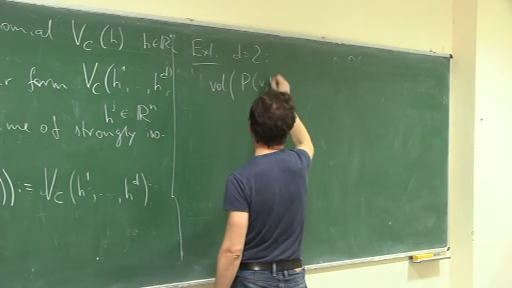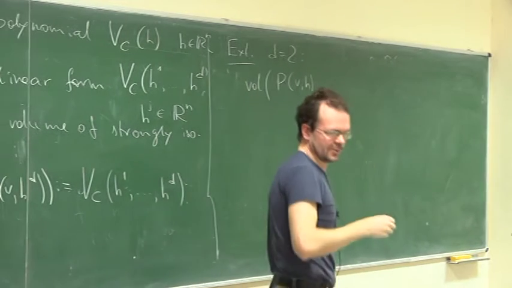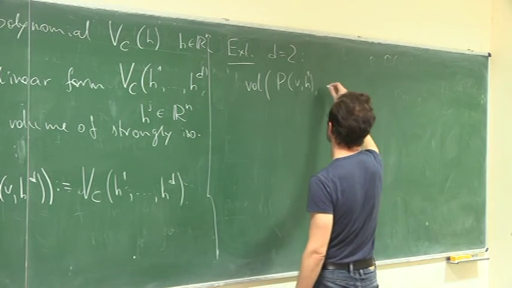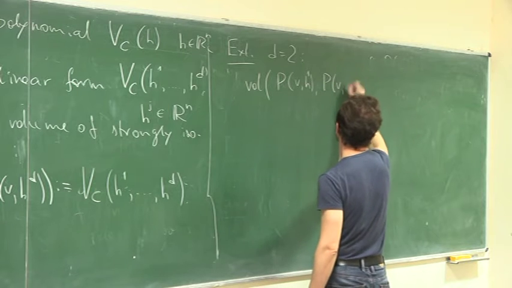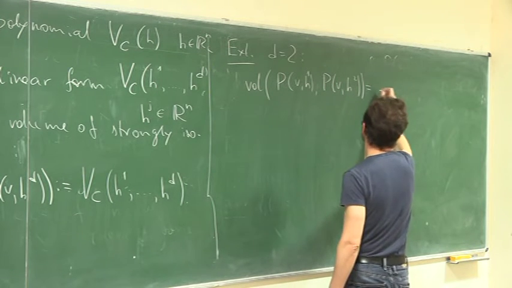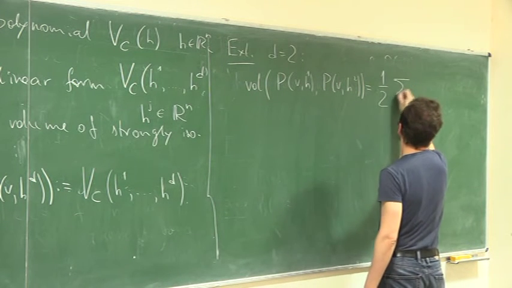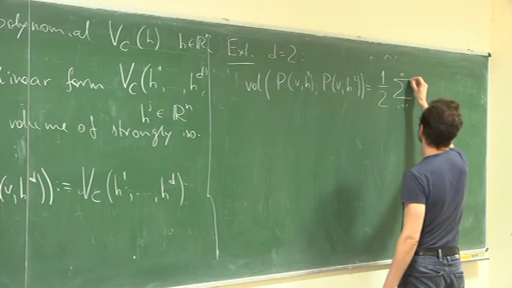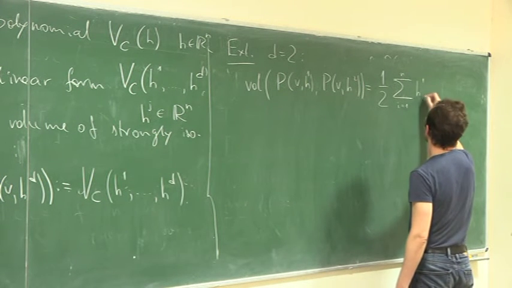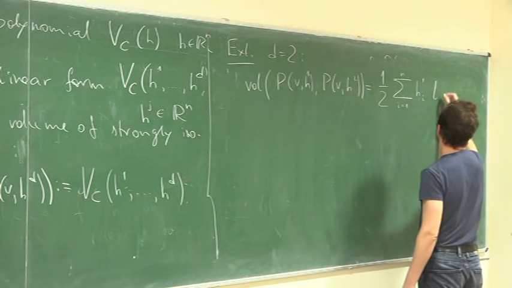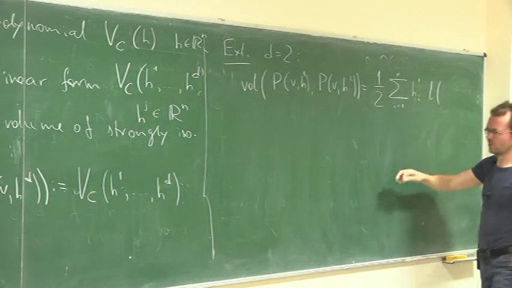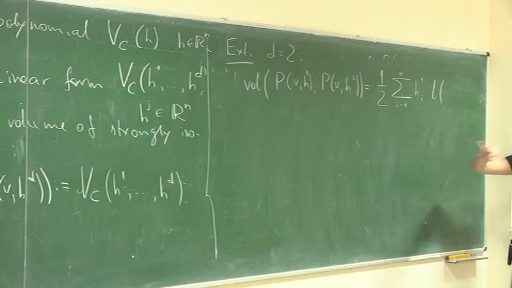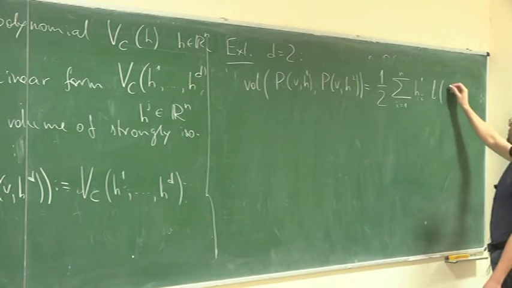of P of VH. So what notation should I take? So it's built, yes, it's H1 as before, H2. This is 1/2 the sum i from 1 to n of H1i times L. So we had this function L in the formula for the area of a polygon. So we take exactly the same linear function L and apply it to H2.